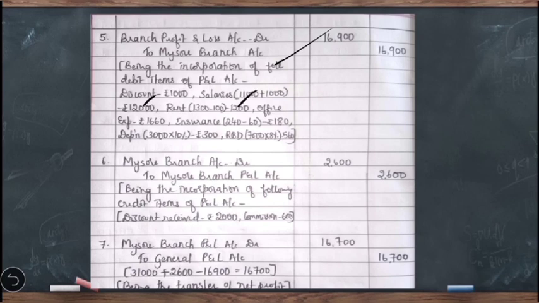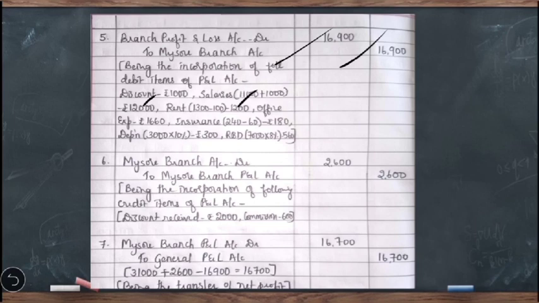Then office expenses 1,660. Insurance, from the total amount we deduct the prepaid 60 rupees, so the actual amount for the current year will be 180 rupees. Then depreciation on the plant, 10% on 3,000, which comes to 300. Then we create a reserve for bad and doubtful debts on 7,000 at the rate of 8%, which comes to 560 rupees. When you add all these items, you get 16,900.